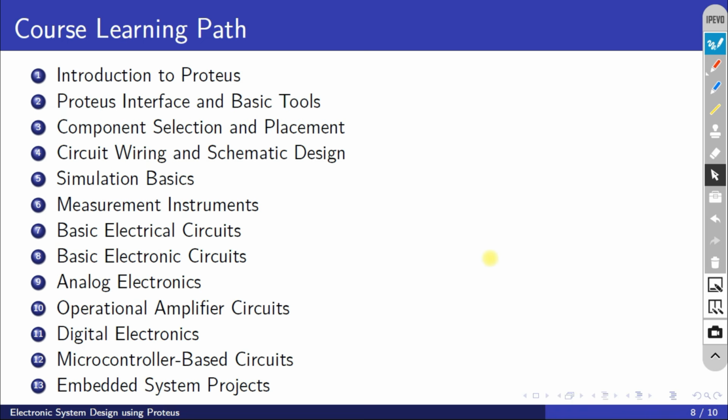Therefore, by the end of this course, our objective will not simply be to learn how to use Proteus software. Our main objective will be to develop the ability to design, simulate, test, analyze, and troubleshoot complete electronic systems using Proteus.